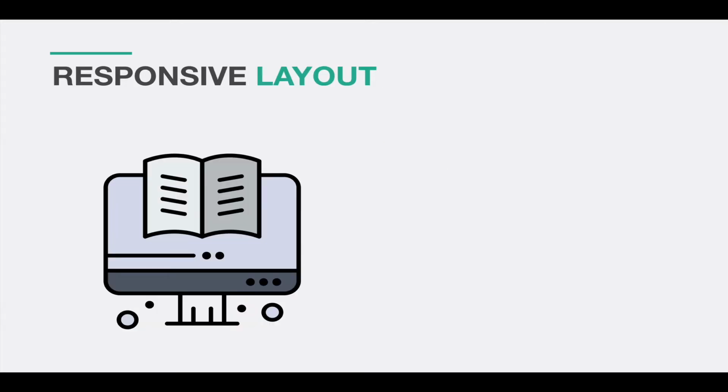So let's talk about responsive layout. Everyone should know what a responsive layout is, but basically it means that a site or page remains functional, readable, and of good design, regardless of the size of the screen or the size of the window. It doesn't mean it's exactly the same all the way through, but it's still functional and still readable.